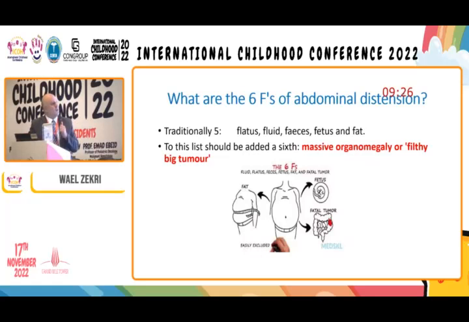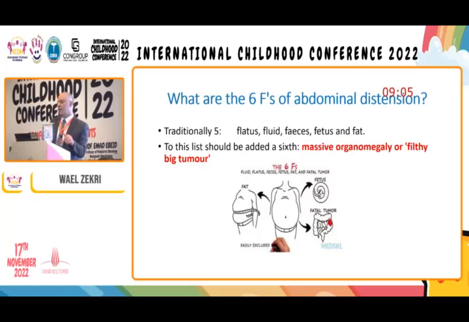We have a very common differential for abdominal distension. We have the 5 Fs and a newly added, or what we want to add, the 6th F. We have flatus, fluid, fetus, and fat.